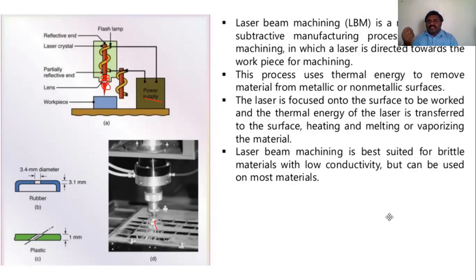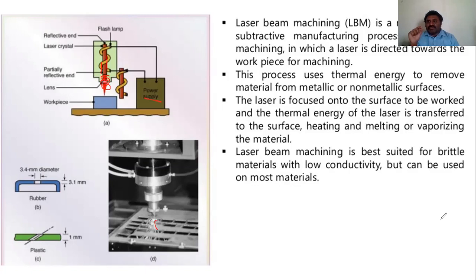This process uses thermal energy to remove material from metallic or non-metallic surfaces. Just now I said electric energy is converted into light energy. That is the reason we say this process uses thermal energy to remove the material from the metallic or non-metallic surface.